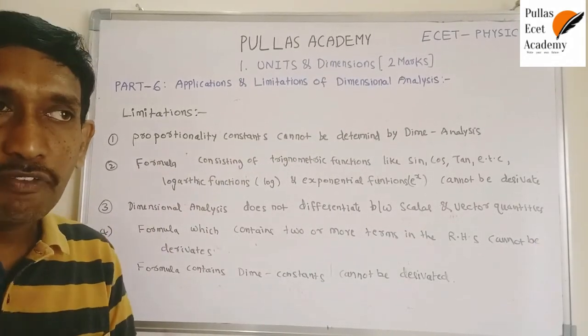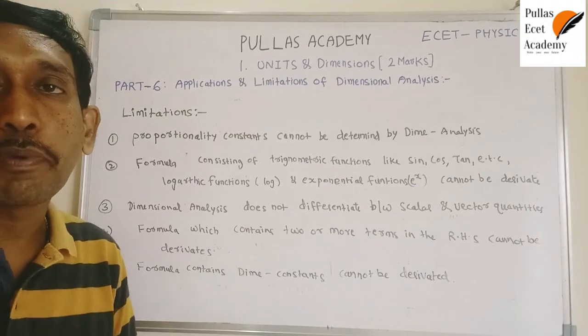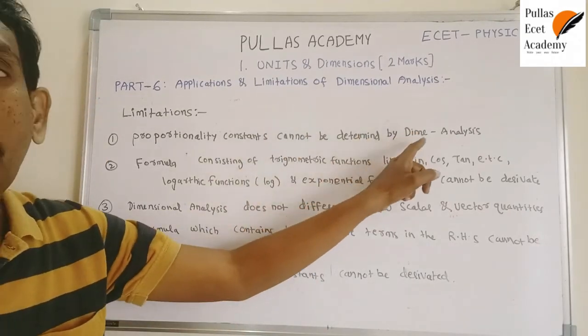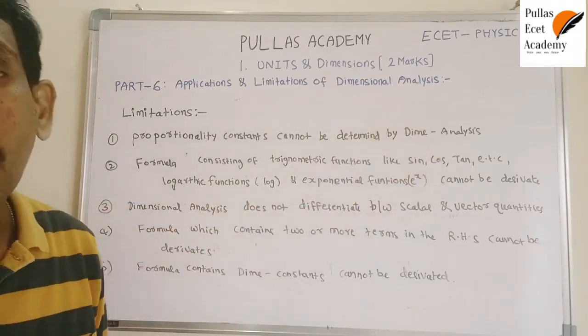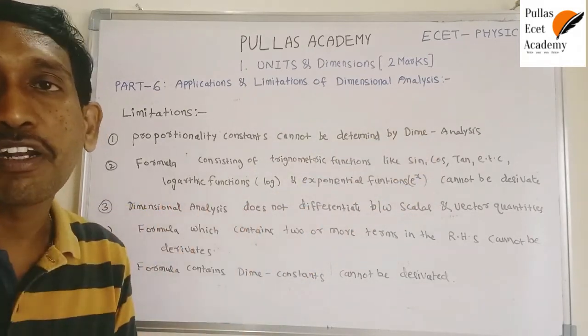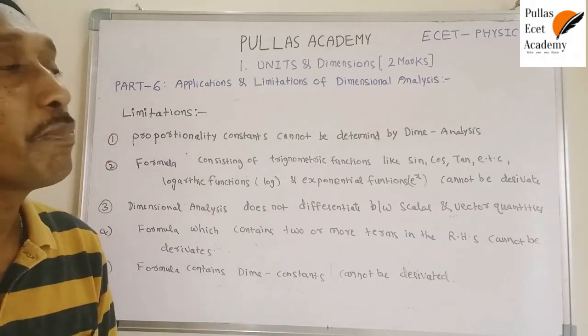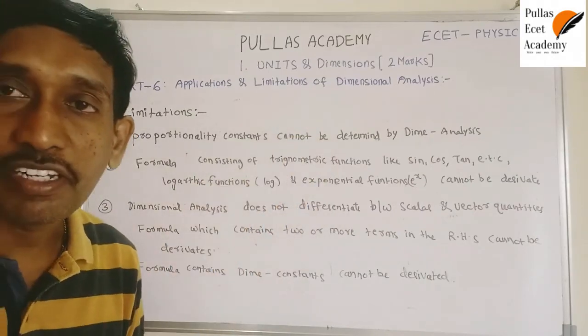If you want the dimensional formula of a proportionality constant, it cannot be applied. If a proportionality constant is given and you are asked to derive the dimensional formula, it is not possible to derive. That is one of the limitations.